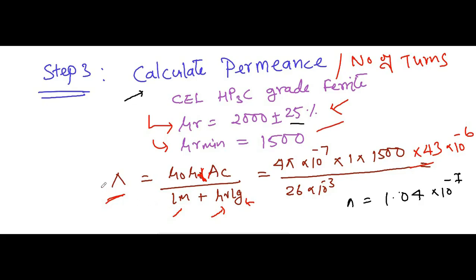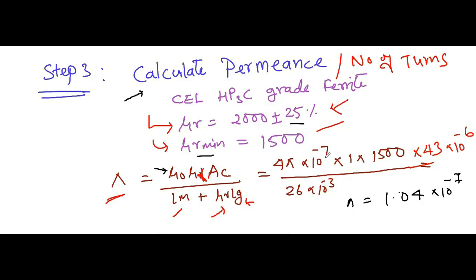In order to calculate the permeance, you have to apply this formula, that is mu naught mu r AC divided by Lm plus mu r into Lg. So if you replace now all the values here, mu naught value is 4 pi into 10 to the power minus 7, this is nothing but the constant, into mu r, the relative permeability, which is 1500.